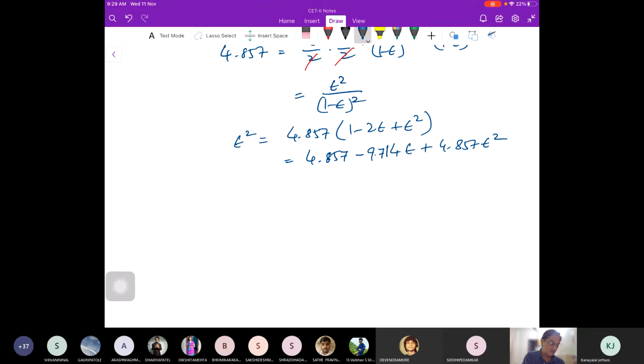So if you bring it here, what you'll get is... what is the value of epsilon? You'll get two values, right? What are the values of epsilon?